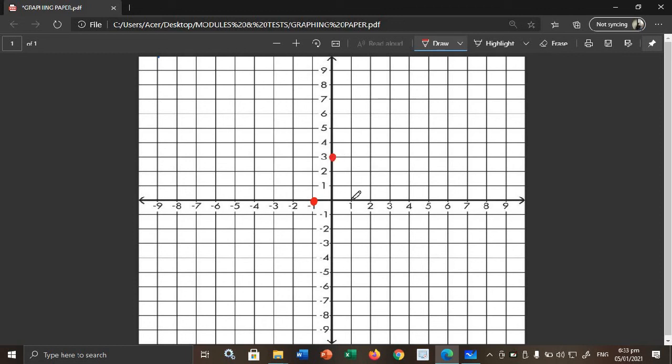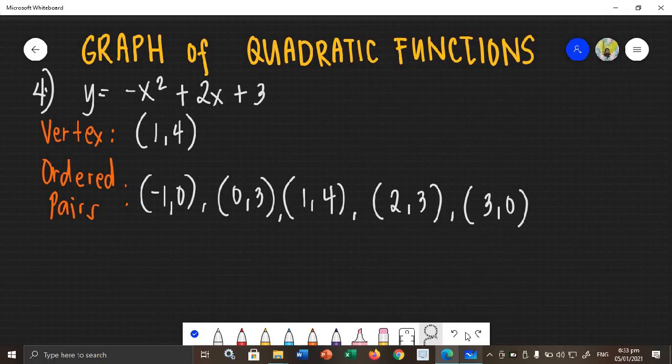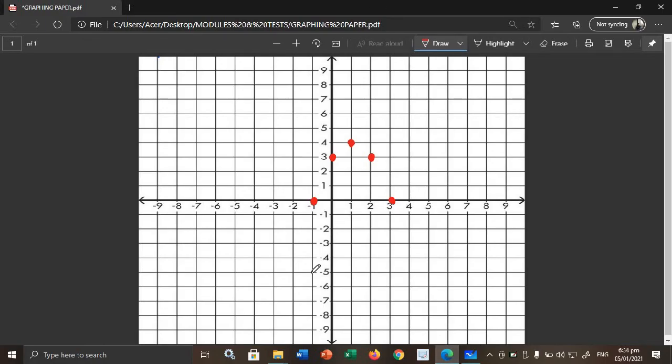Third one is the vertex, which is 1 and 4. Next is 2 and 3. And then lastly is 3, 0. There. And then, let's go back to the characteristics. The direction of the parabola in this given, your a is negative, therefore the parabola should open downwards. So let's connect and let's see if it will open downwards.